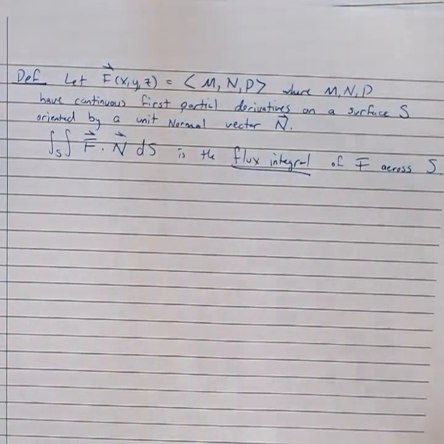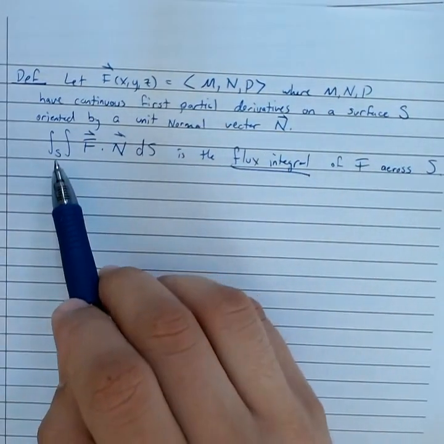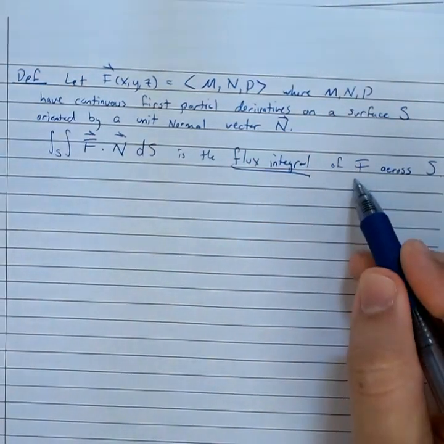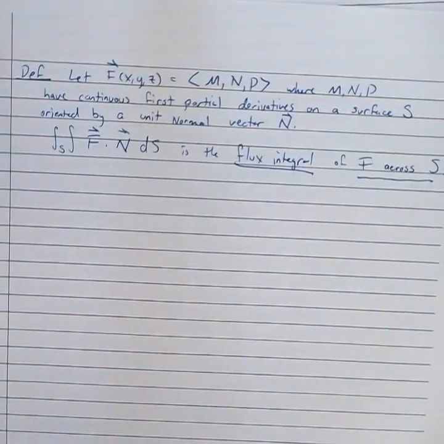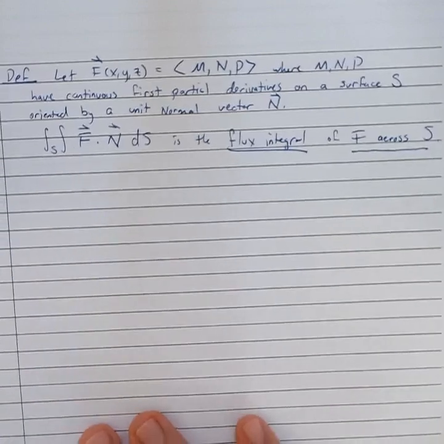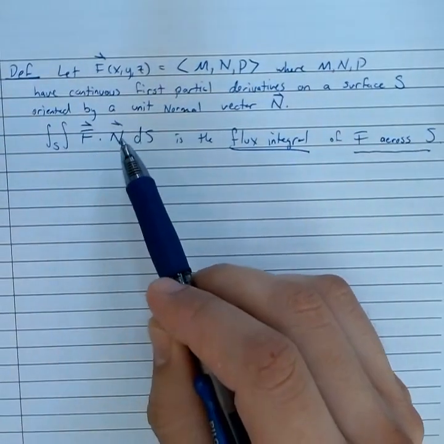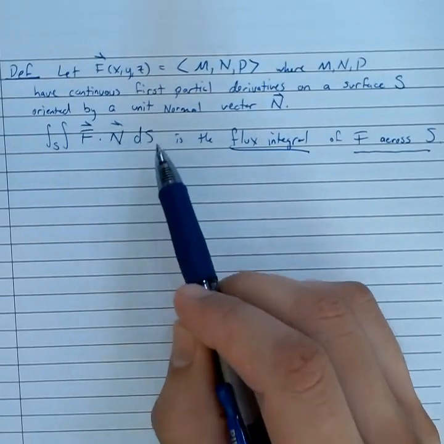Then the double integral over the surface S of F dot n dS is called the flux integral of F across S.